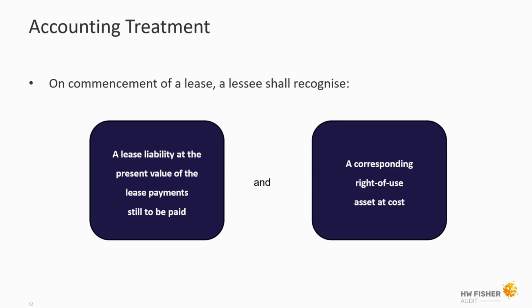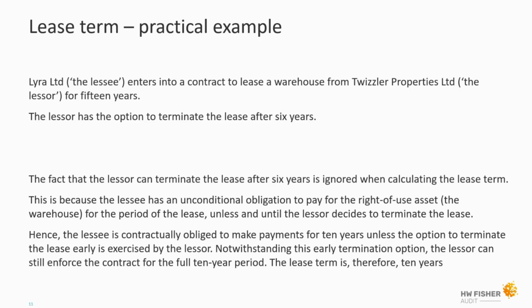This is because at the commencement of the lease, the lessee shall recognise a lease liability at the present value of lease payments still to be paid and a corresponding right of use asset. So going back to that previous example, the big difference of making sure you understand the terms of the lease and the length of the contract is that's 15 years at a net present value of the future lease payments versus 6 years.